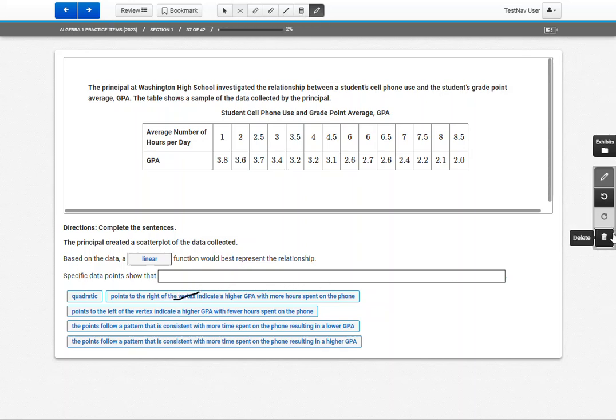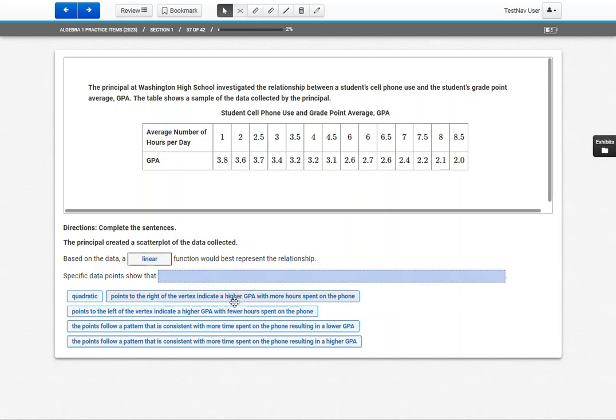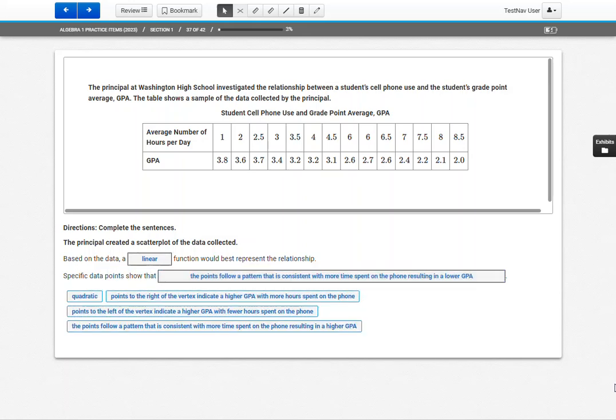I cannot have a vertex. Okay. This one also has vertex. The points follow a pattern that is consistent with more time spent on the phone, resulting in a lower GPA because the GPA keeps going down. Okay.